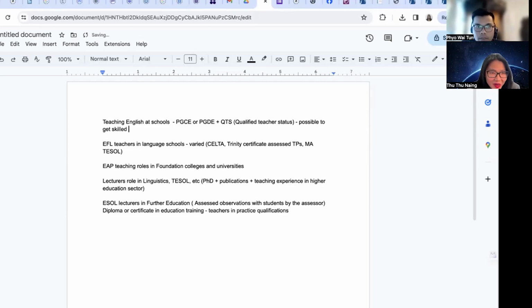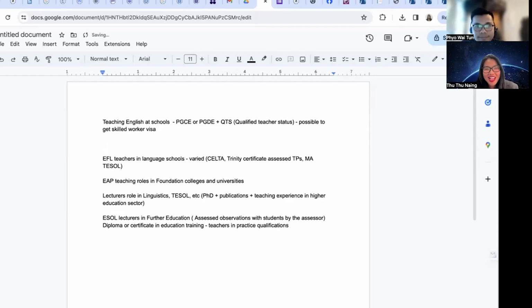Now, the challenge is to do PGCE, you'll have to have done some IGCSE. So this is the basic requirement to do the postgraduate: IGCSE plus bachelor's degree. So this is what they need at least.